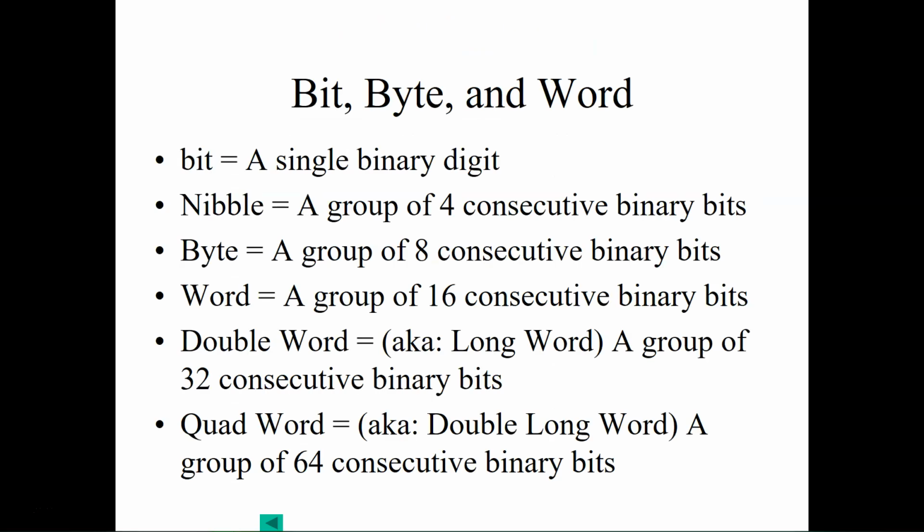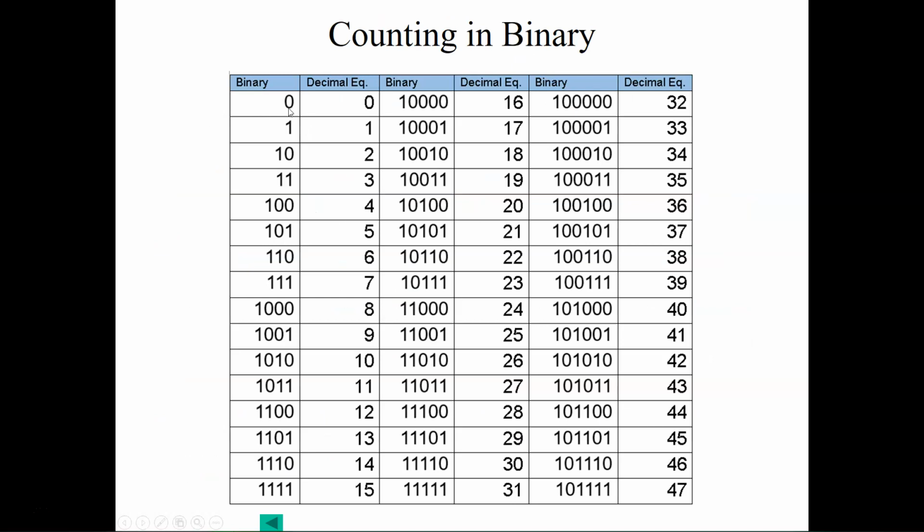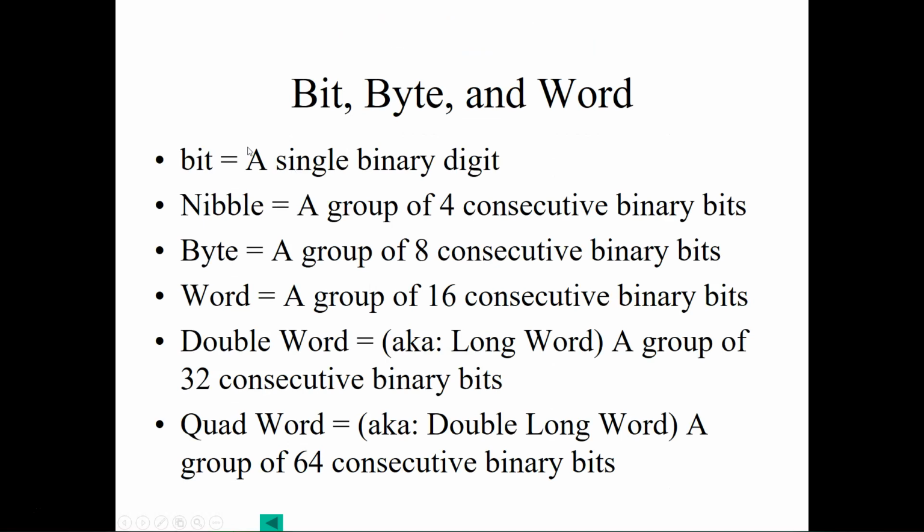So bit, byte, and word. A bit is a single binary digit. That's going to be a 1 or a 0. If we go back here, these two rows are the bit. A nibble is 4 binary bits. So what do we mean by that?